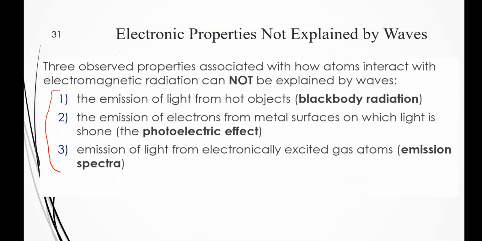It doesn't tell us why when we heat certain objects, they glow, become really bright and give off light. It doesn't explain why when we shine light onto metal surfaces we get the photoelectric effect, where electrons get kicked off of it. And it doesn't explain why we get certain lights emitted from gas atoms. So that's not explained by the waves, but it does give us a lot of other pieces about how that puts together.